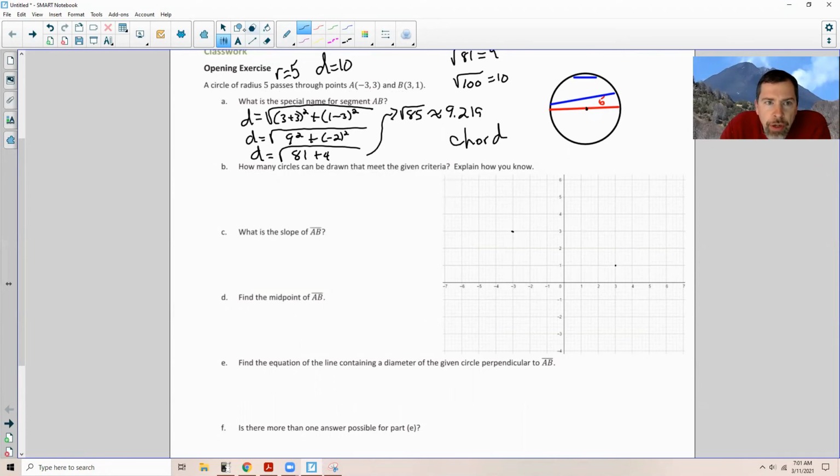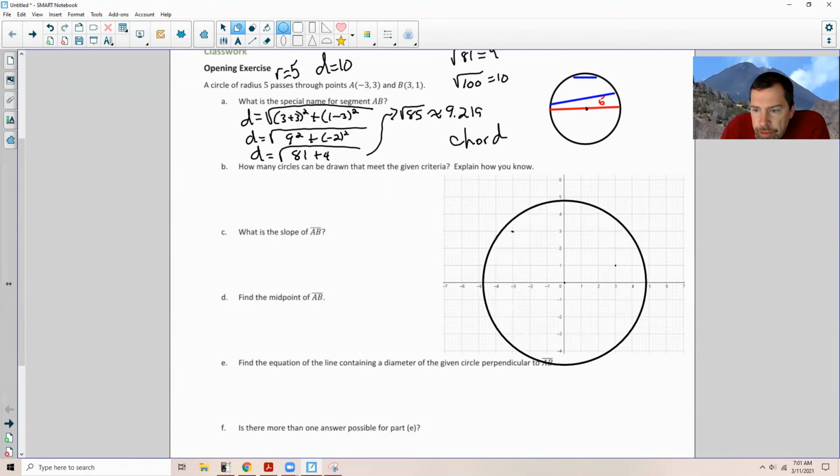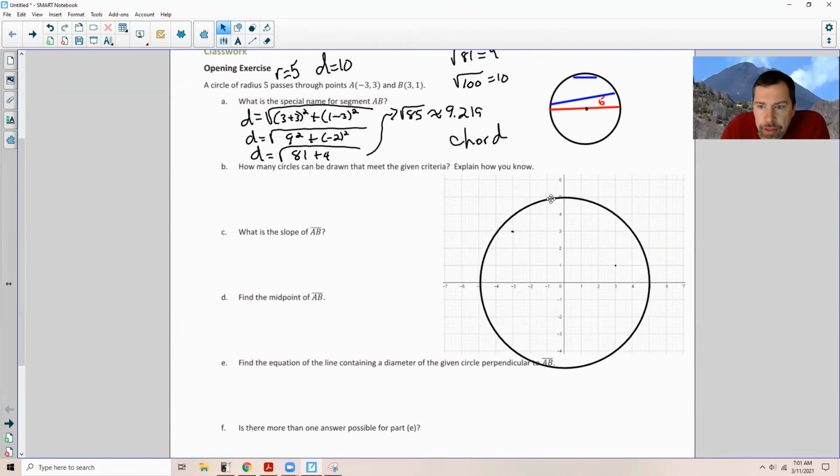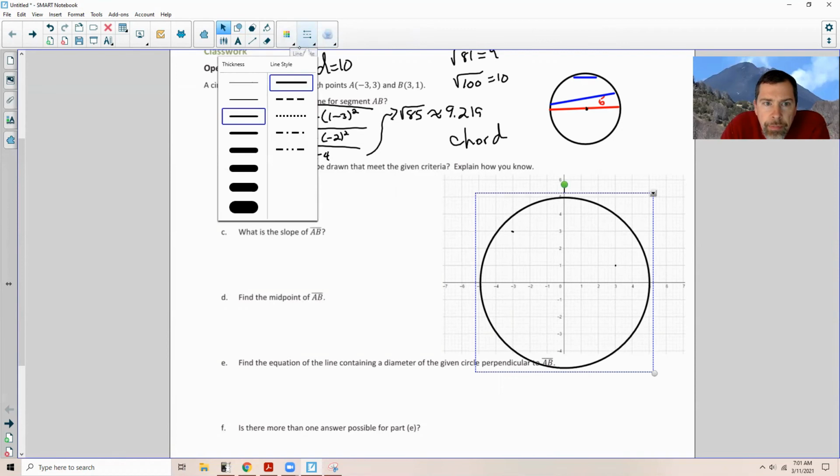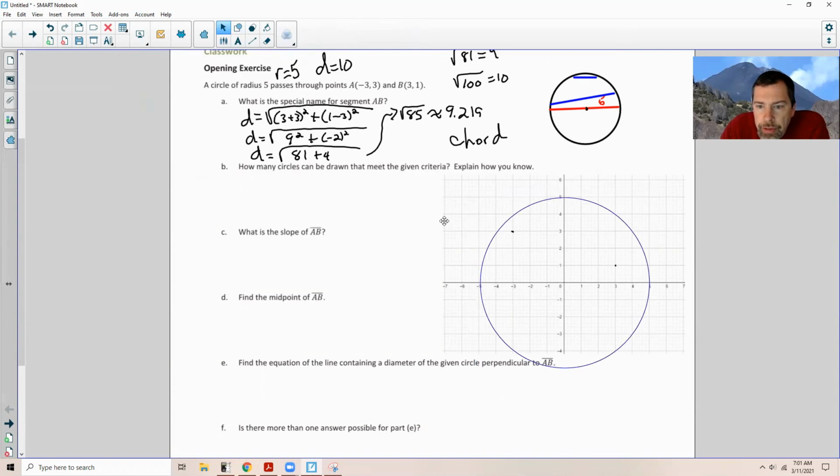So now if I draw a circle centered at the origin, just to get my radius straight, the radius of 5 would be right there. So let me make this thinner. And let's make it blue or red or something. Okay, so there's my circle.